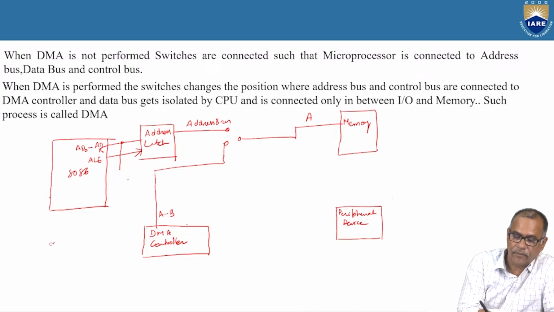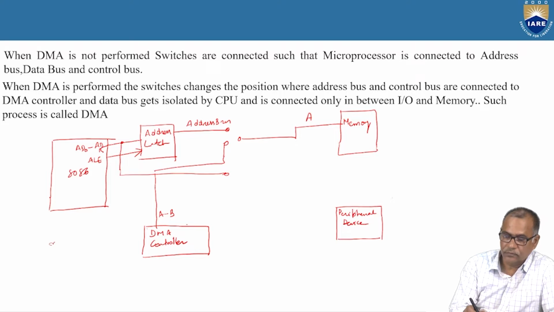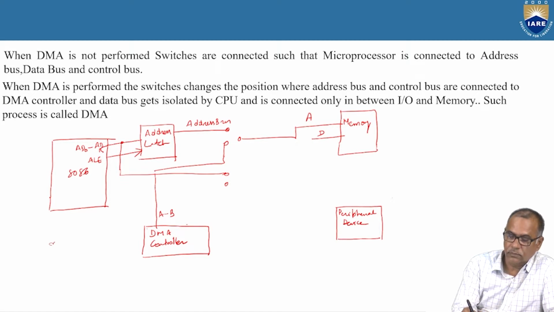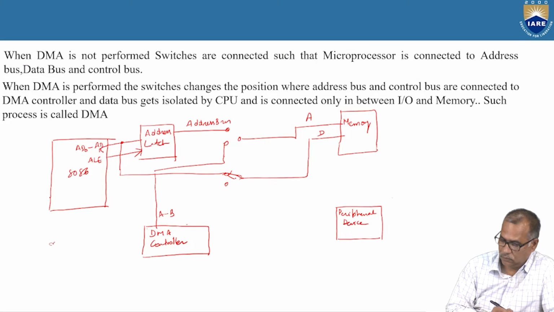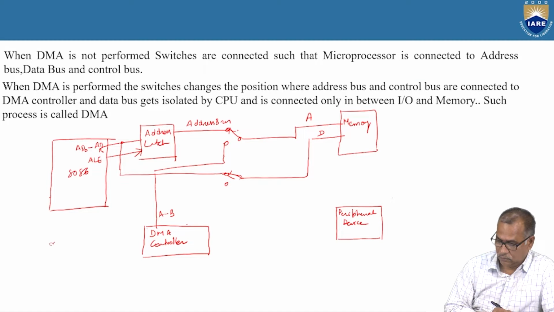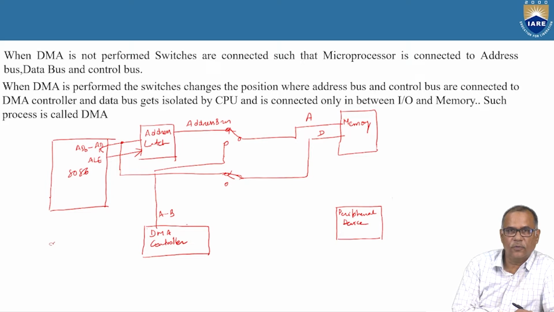So here, data is available on these lines. We have three buses in any microcomputer system.